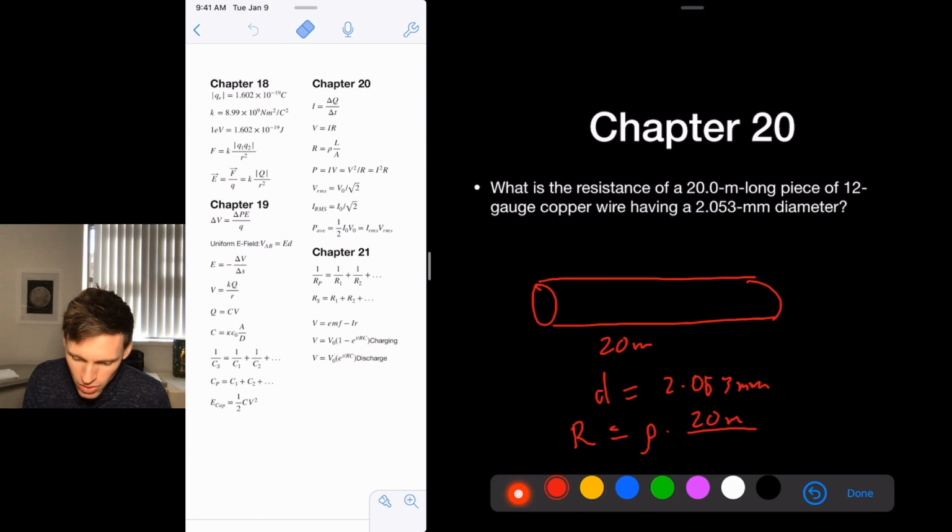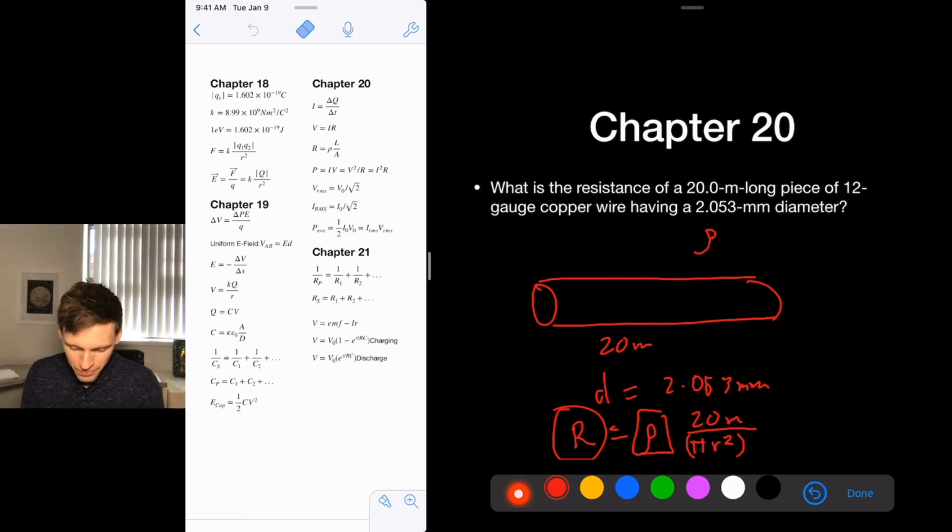And since it's a circular wire, the area is pi r squared. So we're going to take d over 2 to get the radius, and that's going to be our resistance. If I did this on an exam, I would tell you in the problem what the resistivity of copper is, and you could plug all that in. I'd recommend looking that up in your book just to practice, and then calculating what that is.